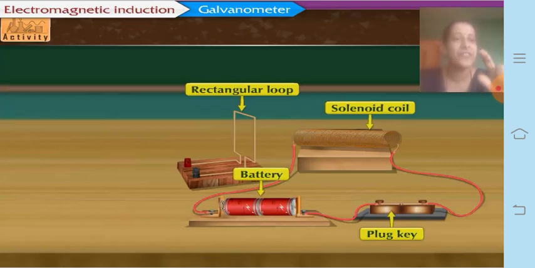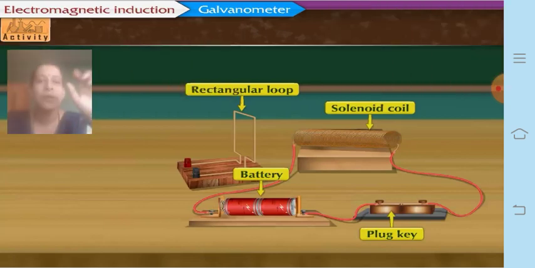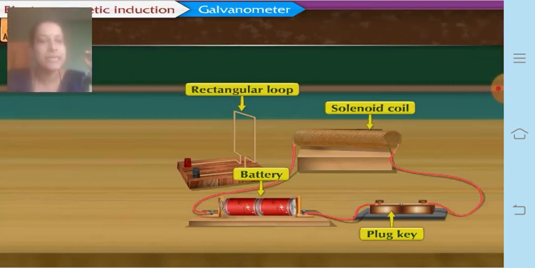Instead of using a bar magnet, we will use a solenoid coil here, because you know that a solenoid coil also has a magnetic field around it, correct?